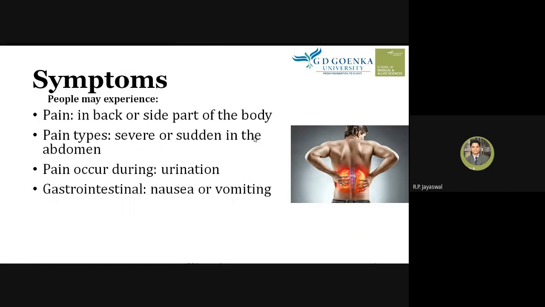There can be gastrointestinal symptoms like nausea or sometimes vomiting because of the stone pain. In the urinary process, blood can appear in the urine, or there can be frequent urination. The patient urinates many times, or we can sometimes see blood in the urine.